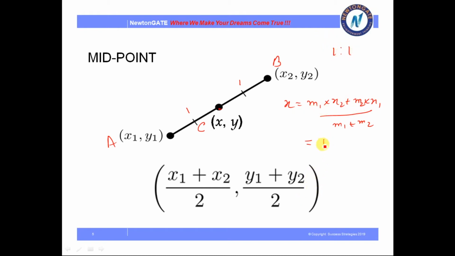So (1 into x2 plus 1 into x1) by (1 plus 1). This gives us (x1 plus x2) by 2. So the formula is the same. Since the ratio is 1:1, the formula becomes (x1 plus x2) by 2 and (y1 plus y2) by 2.